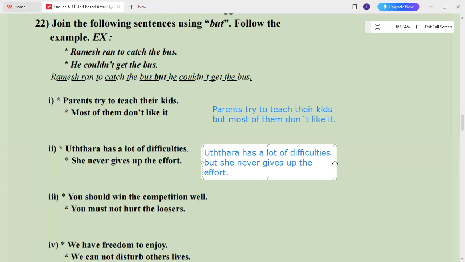So that is, we are combining two contrasting ideas, right?